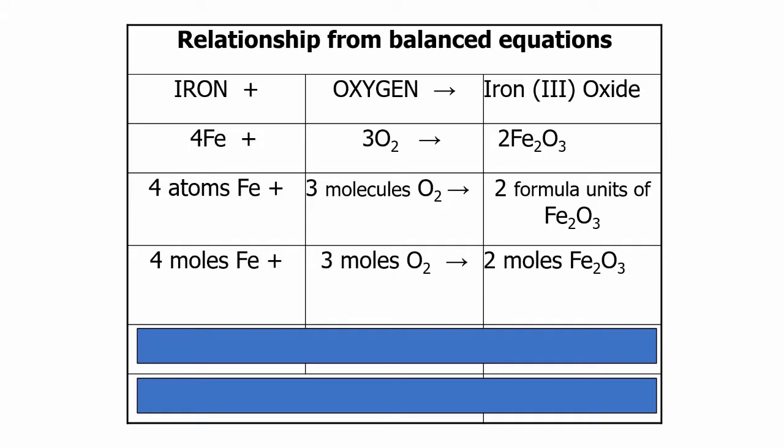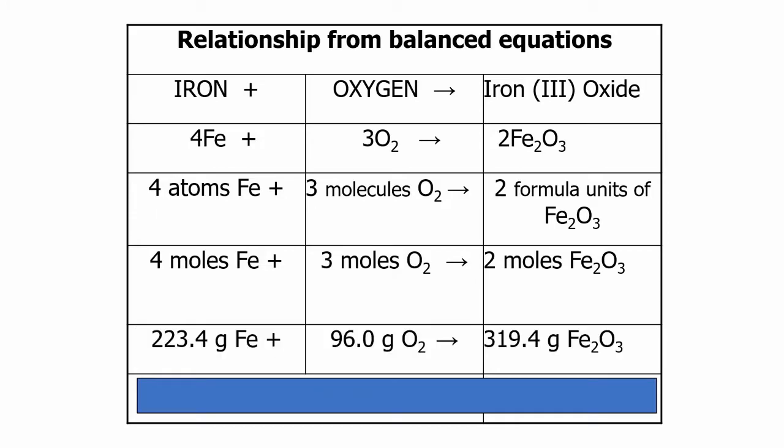Also, same as saying that we have 4 moles of iron reacting with 3 moles of oxygen will produce 2 moles of iron oxide. So if we have a mass of 223.4 grams of iron reacting with 96.0 grams of oxygen, it will give us 319.4 grams of iron oxide.